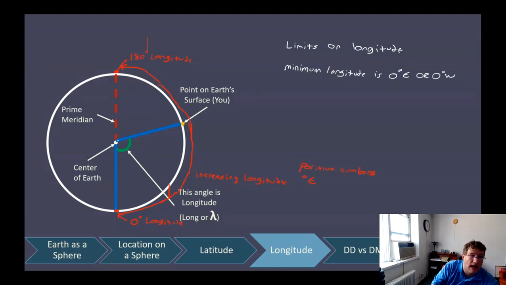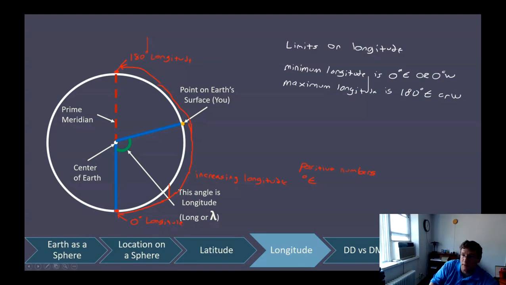As we go around, we hit the maximum longitude, which is 180 degrees, east or west.